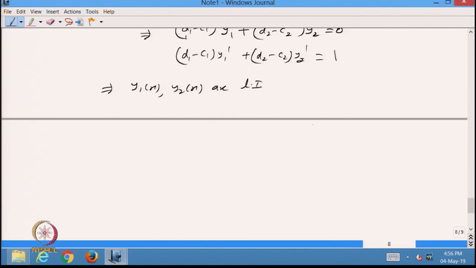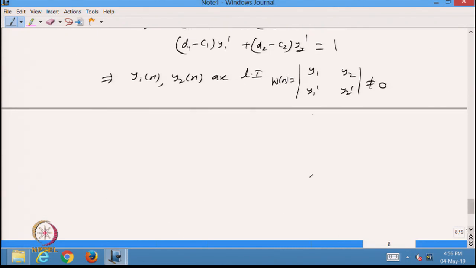If they are linearly independent, then I know that the corresponding Wronskian, which we have defined, y1, y2, y1 dash and y2 dash, will not be equal to 0. In this case, with the help of Cramer's rule, I can find the solution of this. That we have already done.